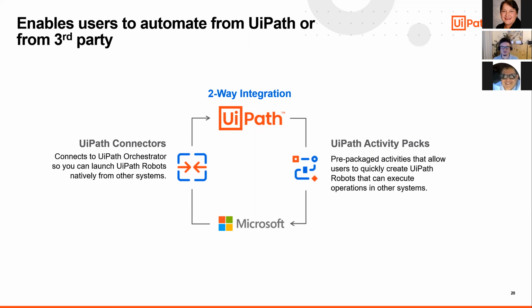And I will also give you in my demo an example of how a robot can push a message into Teams. Or how a so-called connector app can trigger a process or an automation directly in the UiPath automation platform. So this is really both directions, right?